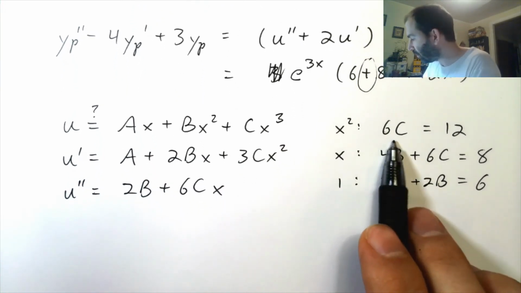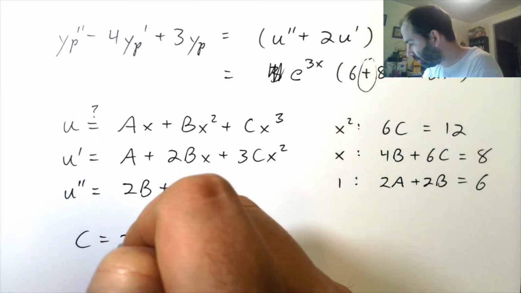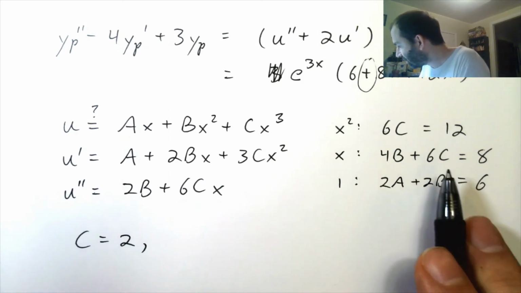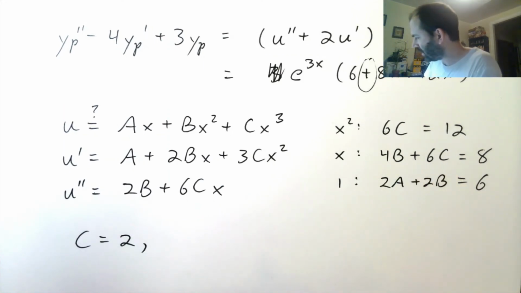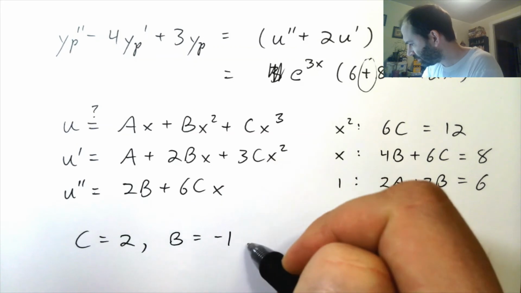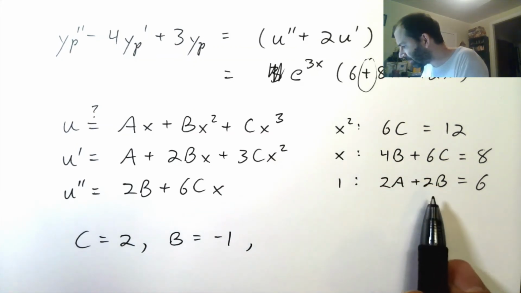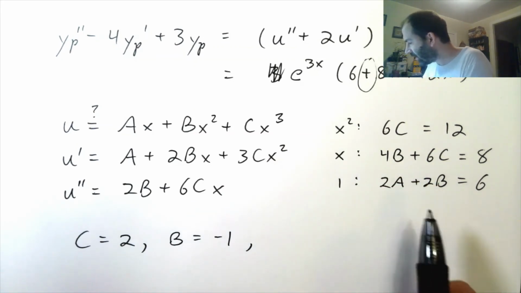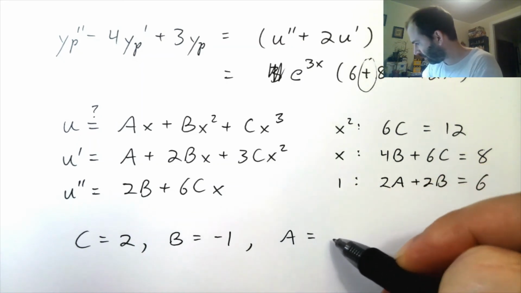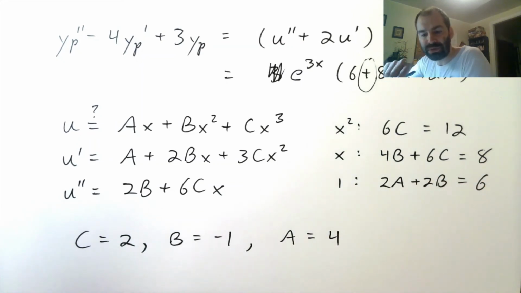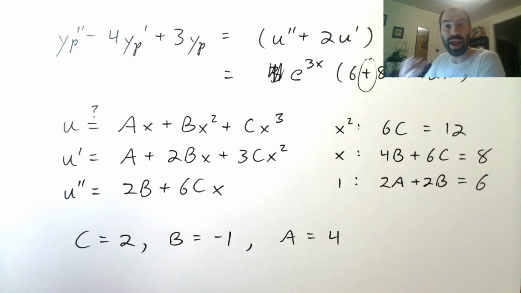Well, I can see from the first equation that c has to equal 2. Once c is 2, I can see that b has to be equal to -1. And since b is -1, from the last equation, a has to be 4. Okay. And we were able to find a, b, and c, so it worked.